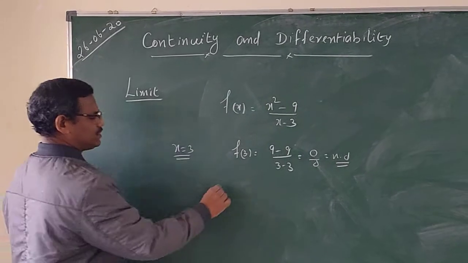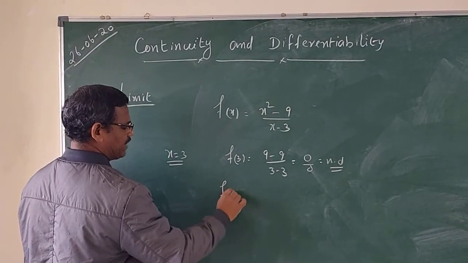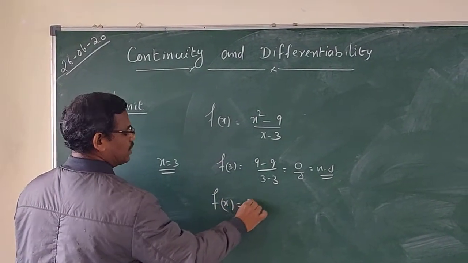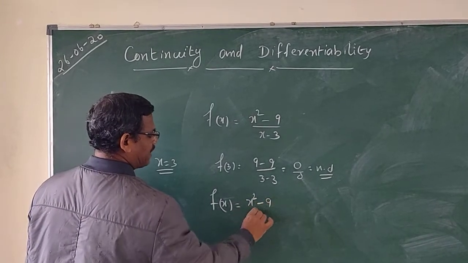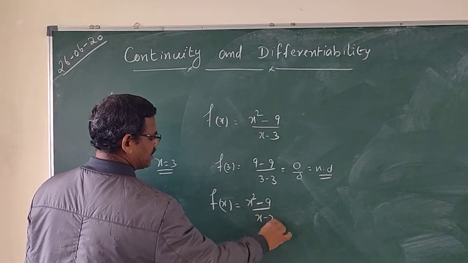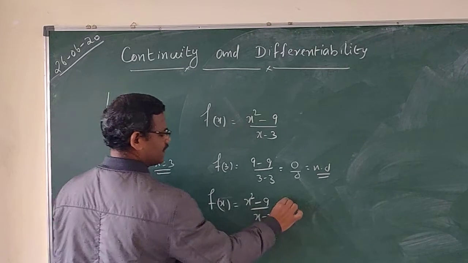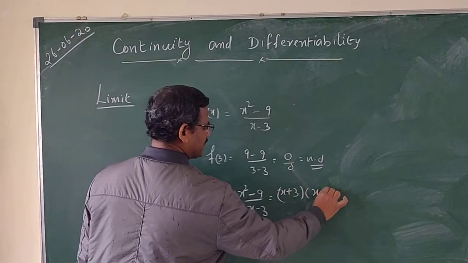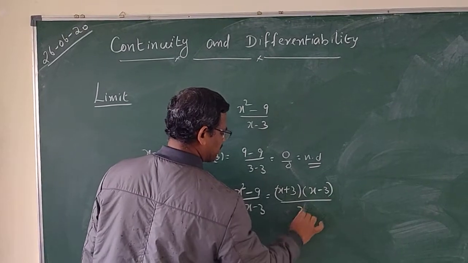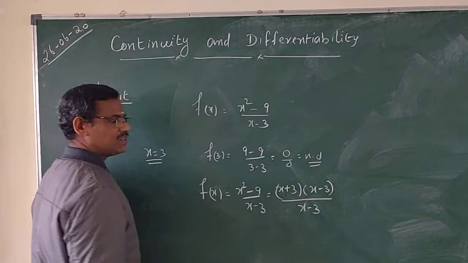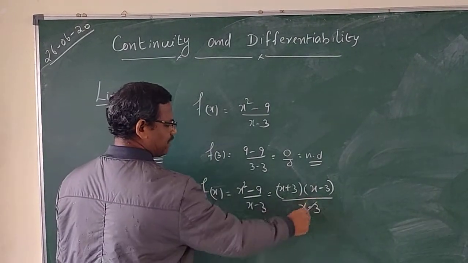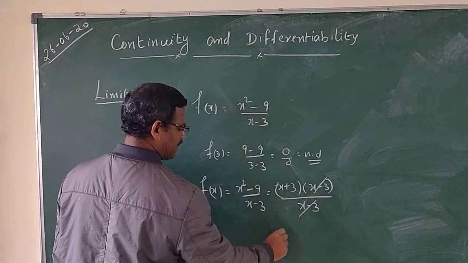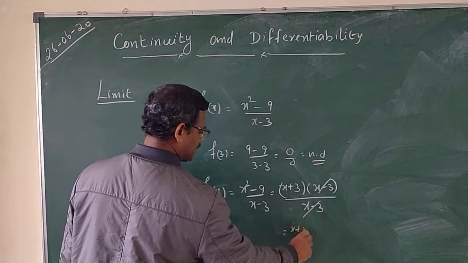If you take this in a different way, f(x) is equal to (x square minus 9) divided by (x minus 3), I can write this as (x plus 3) into (x minus 3) divided by (x minus 3). I can cancel this x minus 3, then I get x plus 3 as f(x).